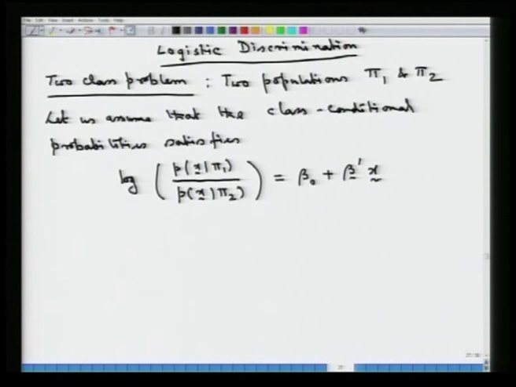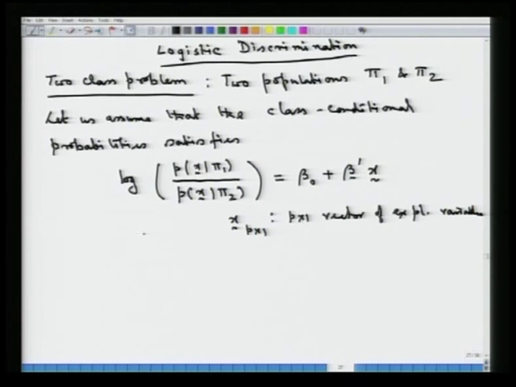Now, this x is a p dimensional vector of explanatory variables, a p by 1 vector. It is basically the feature vector on which we are going to base our classification.